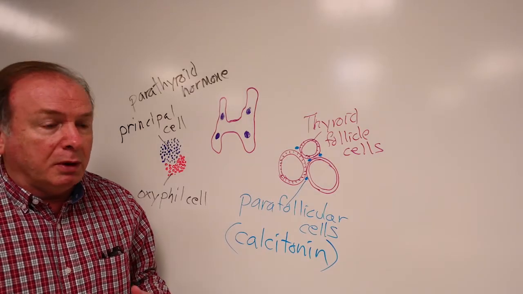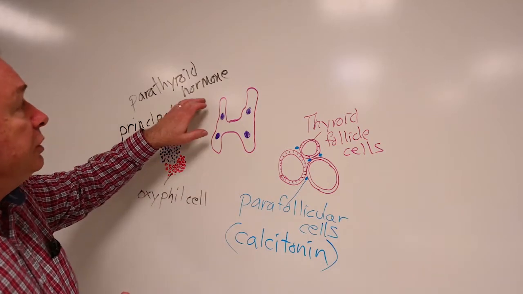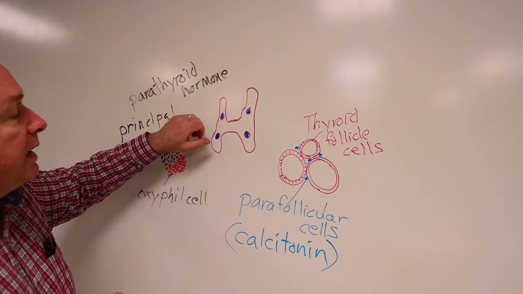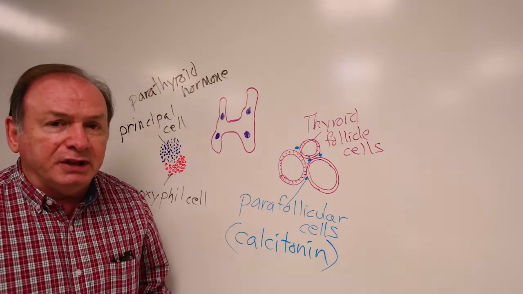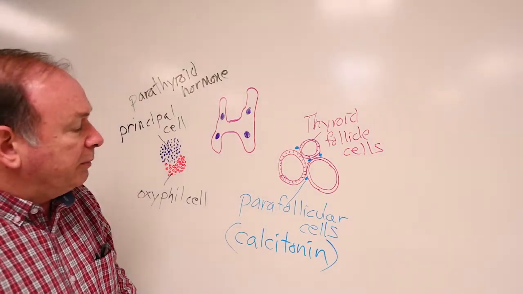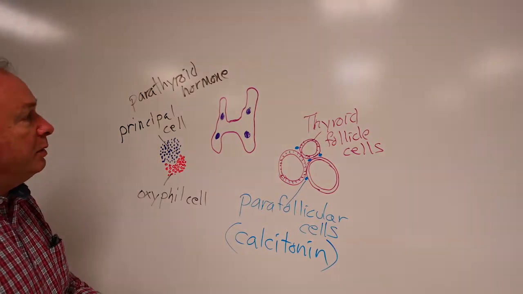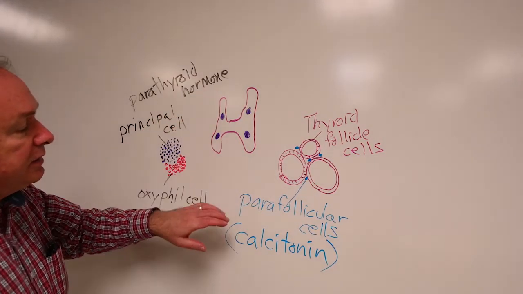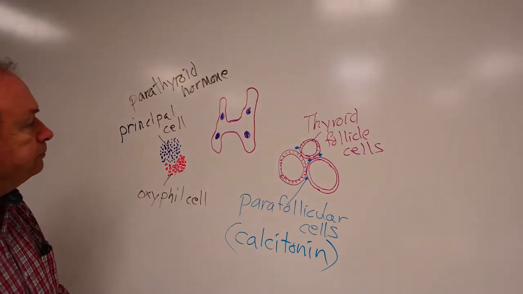It will bring more from your gut or from your bone tissue, so it will affect release of calcium from the bone. And then calcitonin will increase the deposition and removal from the blood. So those are counteracting hormones. Parathyroid increases calcium, calcitonin decreases calcium in the circulating blood.